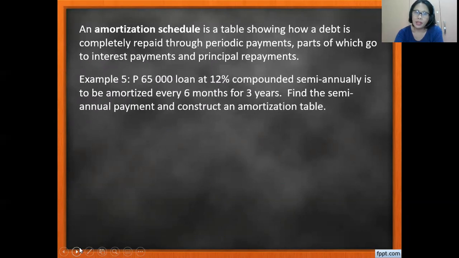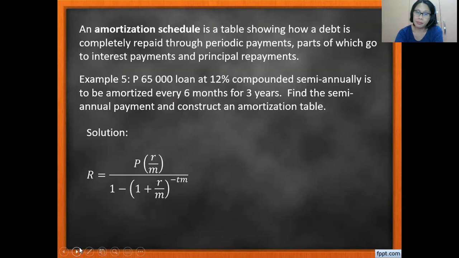So, we're going to use that example, 65,000 loan at 12% compounded semi-annually is to be amortized every 6 months for 3 years. So, find the semi-annual payment and construct an amortization table. So, there will be a total of 6 repayments because it has to be paid semi-annually. So, there are 2 semi-annual in a year times 3. So, 6 payments yan.